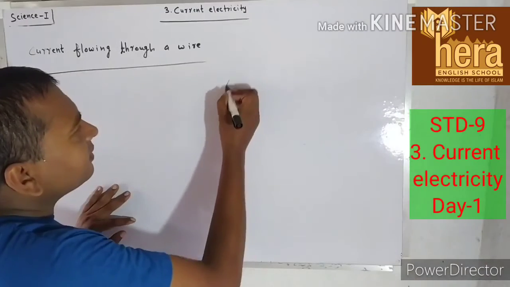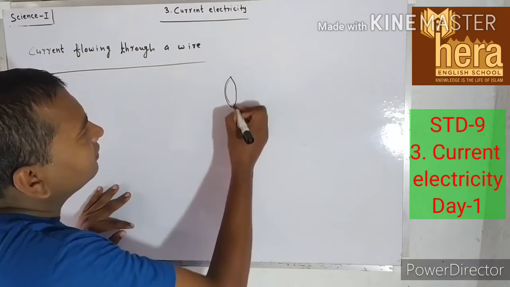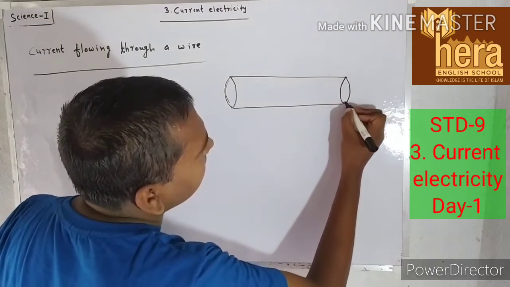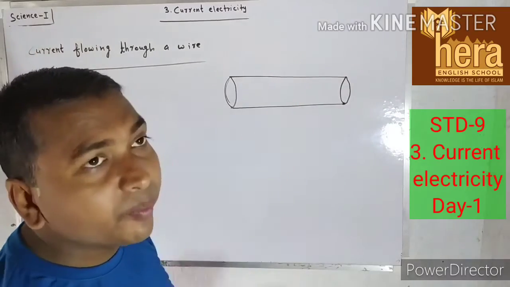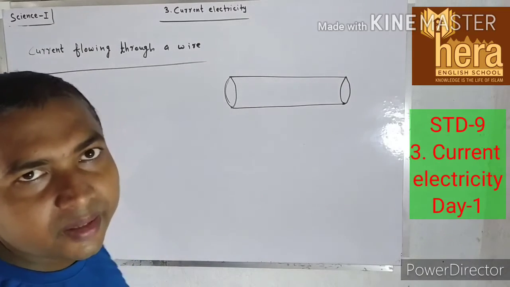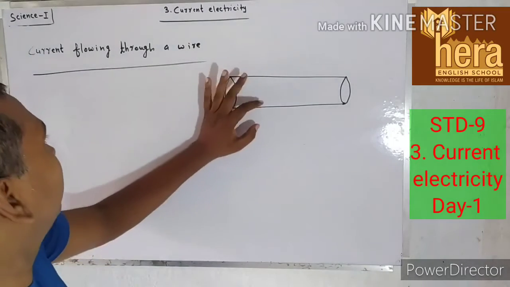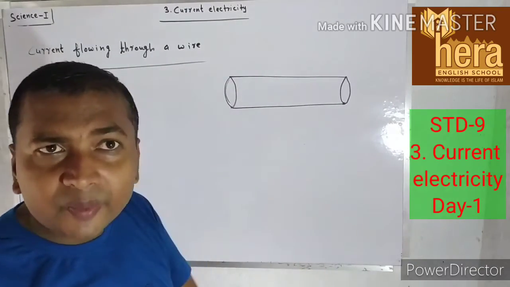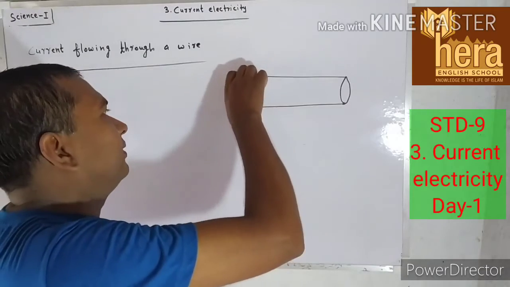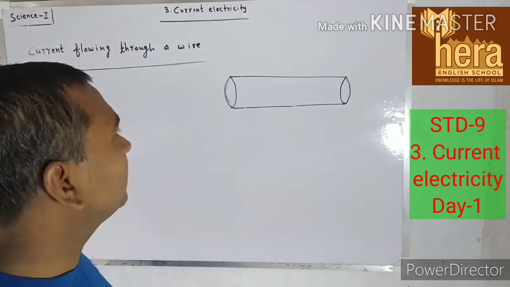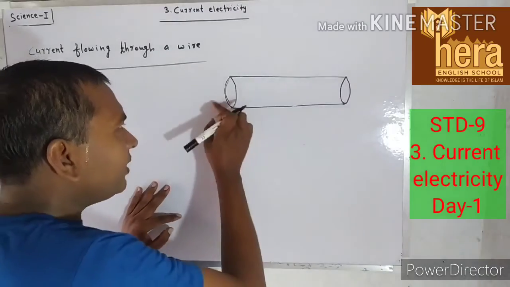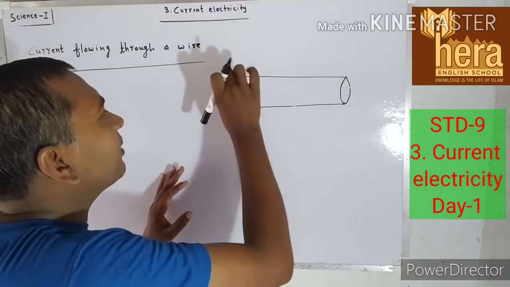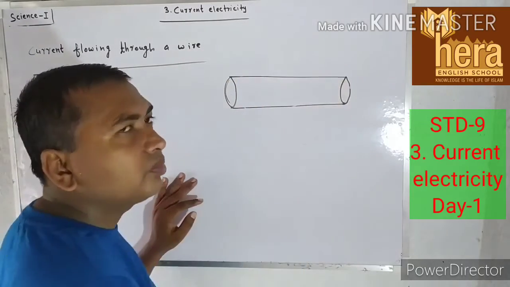Say this is a conductor, a conducting wire, it may be of aluminium or copper. For understanding purposes, I have taken this thick wire. Here there is no potential difference applied across the two terminals. Say this is terminal number 1, this is terminal number 2.